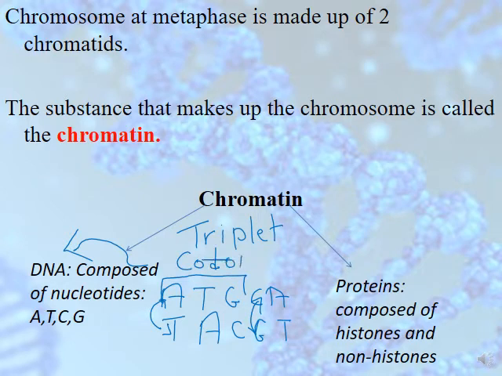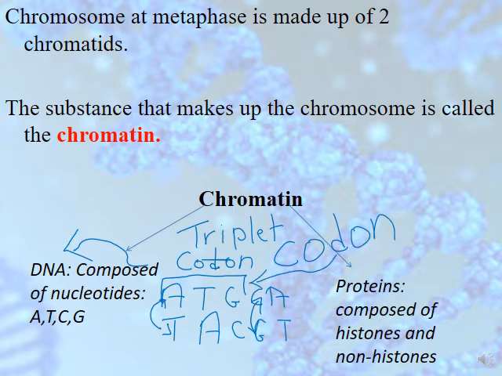So you have to take care about this. Every 3 nucleotides form what's known as a triplet, or they are called a codon. I prefer to use the word codon, C-O-D-O-N.